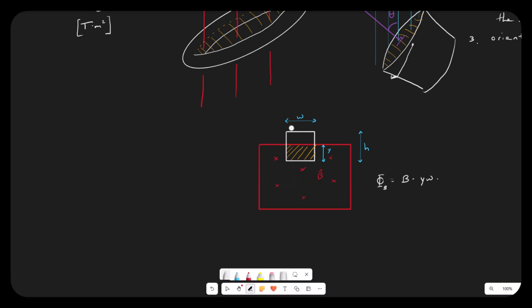In this case, my loop is laying flat on the screen, and my magnetic field is pointing straight into the screen, so all my field is passing directly through here. So this is a cosine of 0 degrees, or I'm just going to ignore the cosine part and say it equals 1. That's how I'm finding flux. That's really the whole process.